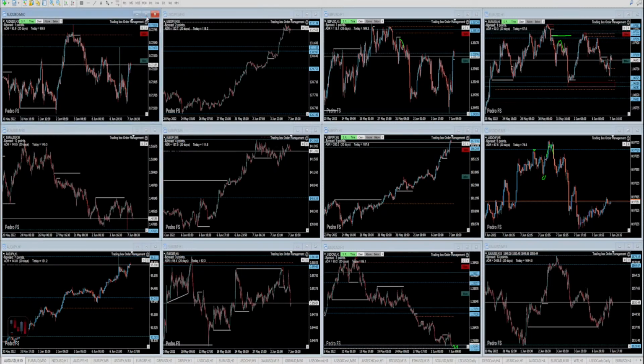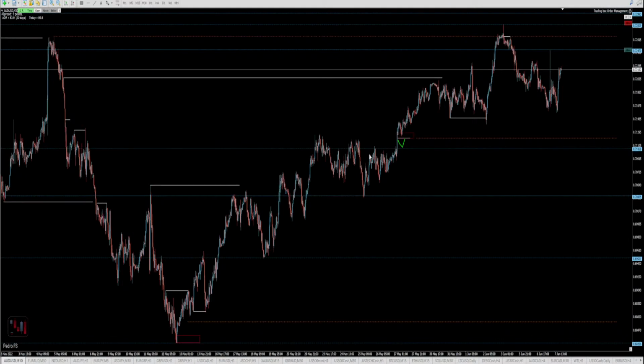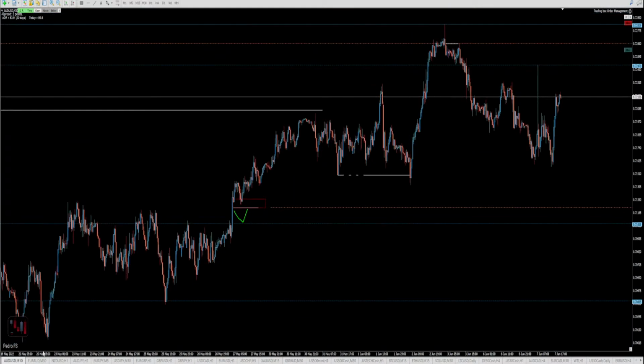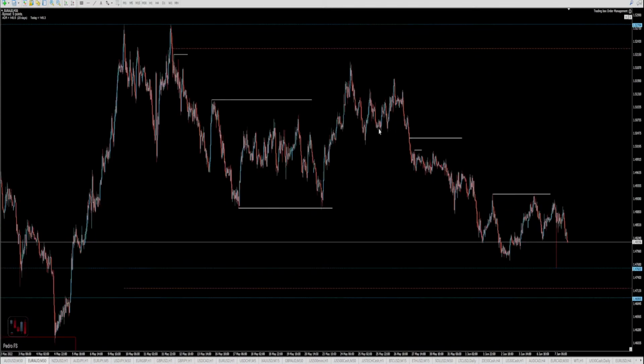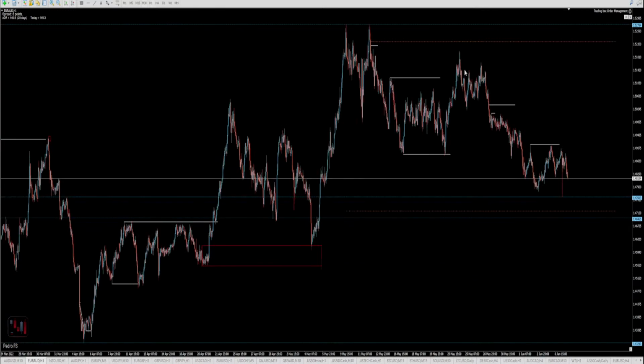So if you want to think a little bit about correlation from Aussie dollar, you can take a look at Euro Aussie. In terms of correlation, they are inversely correlated.